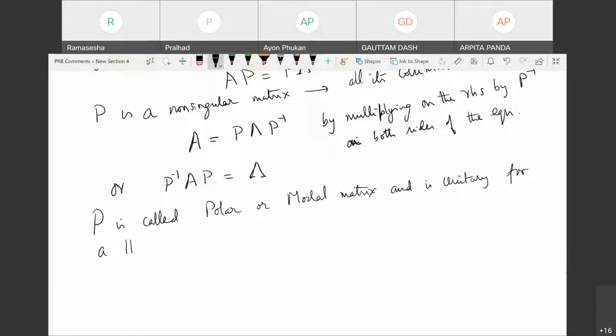Because the eigenvectors of a Hermitian matrix are all orthonormal, P becomes a unitary matrix, and so P inverse AP is equal to lambda.